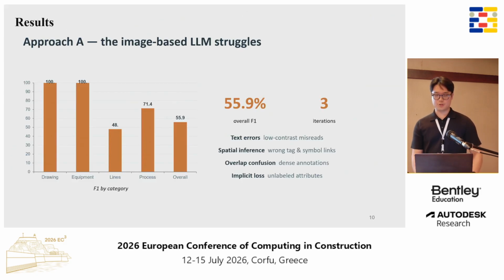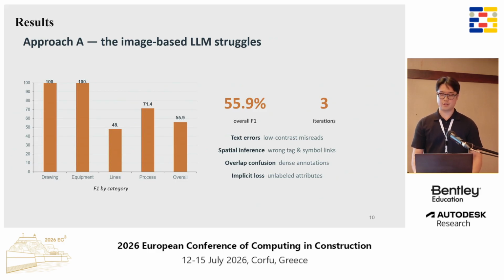Let's look at the image-based LLM first. It handled drawing information and equipment, both at 100% F1. But it struggled badly on the harder categories, lines at 48% and process streams at about 71%, giving an overall F1 score of only 55.9%. And this did not improve.